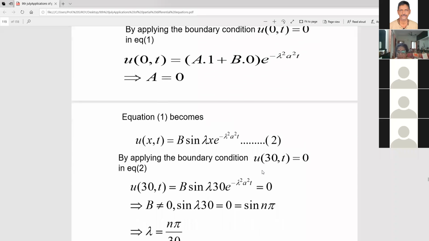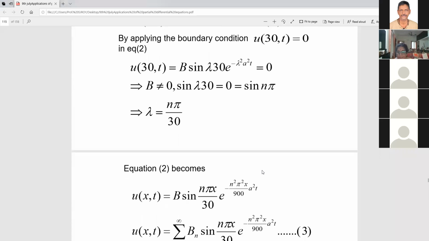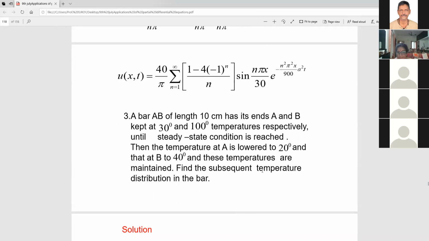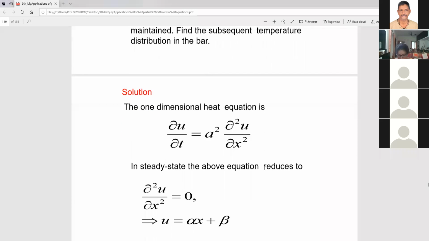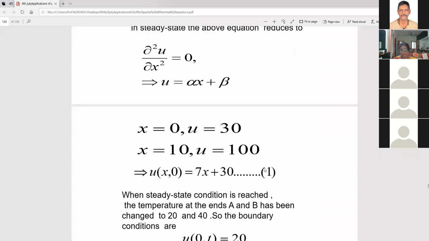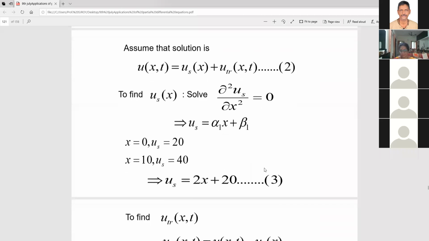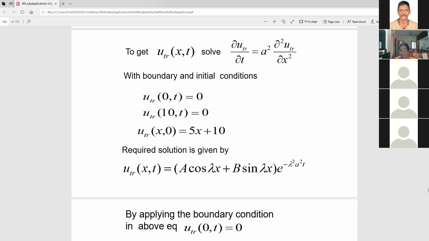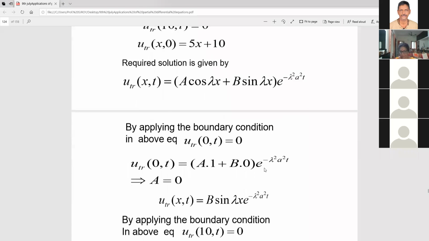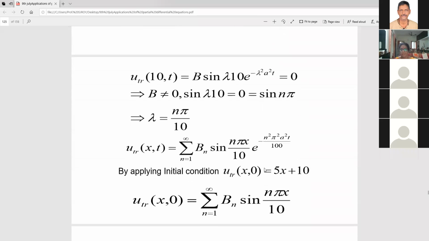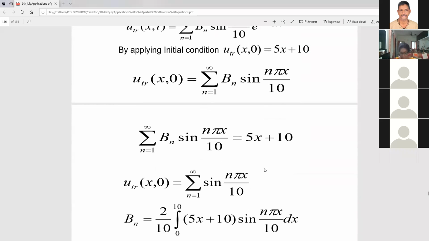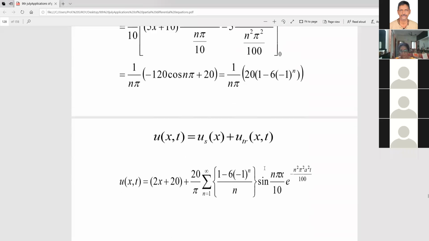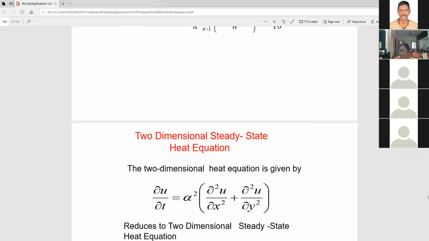Okay, let us go to the two-dimensional heat equation.